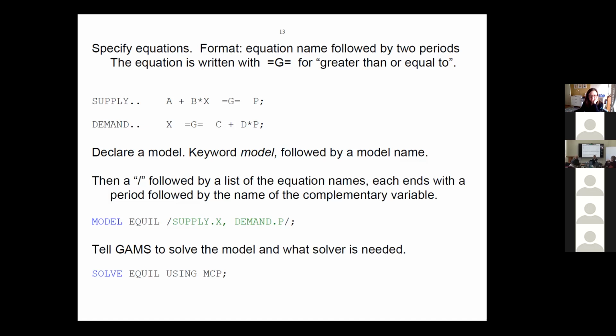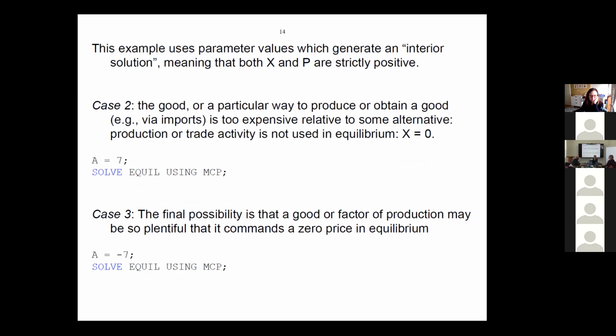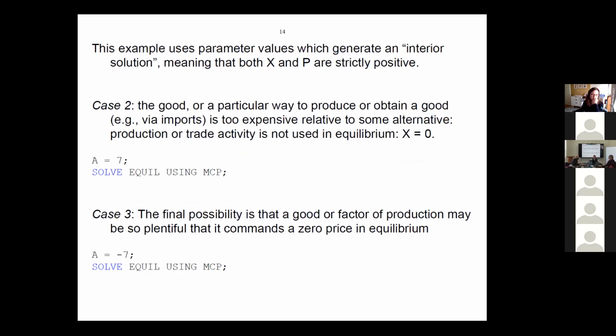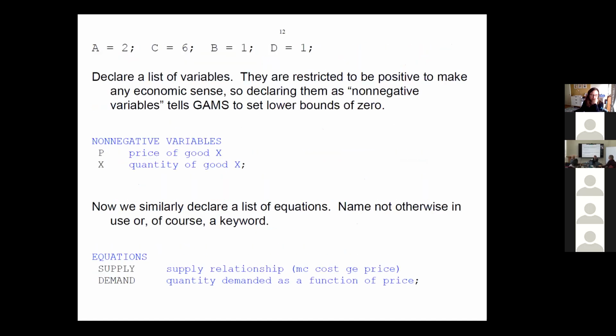It's an MCP problem, so you need the dot notation. So the equations are supply dot X, comma. I don't think you need the comma anymore, actually. Demand dot P, slash, semicolon. Solve equal using MCP. Okay, and then the counterfactuals: set A, the intercept of the supply curve, at a larger value.